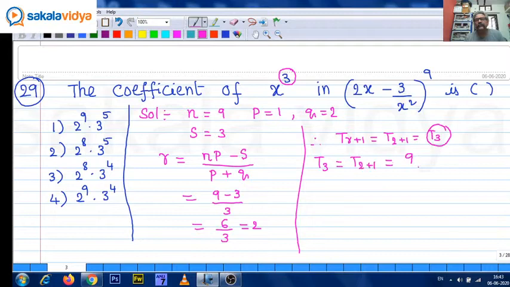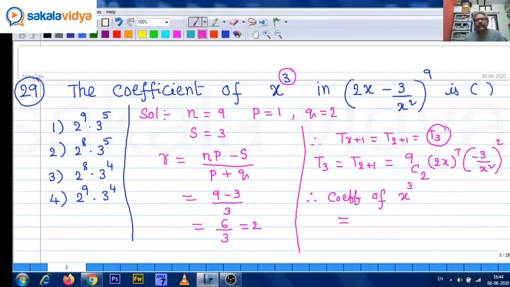Here 9c2, nc2 times 2x whole to the power of 7, 9 minus 2, and minus 3 upon x square whole square. We need the coefficient only. That means coefficient of x cube is equal to 9c2. 9c2 means 9 into 8 upon 2 into 1, multiplied by 2 power 7 into minus 3 square, which is 3 square.